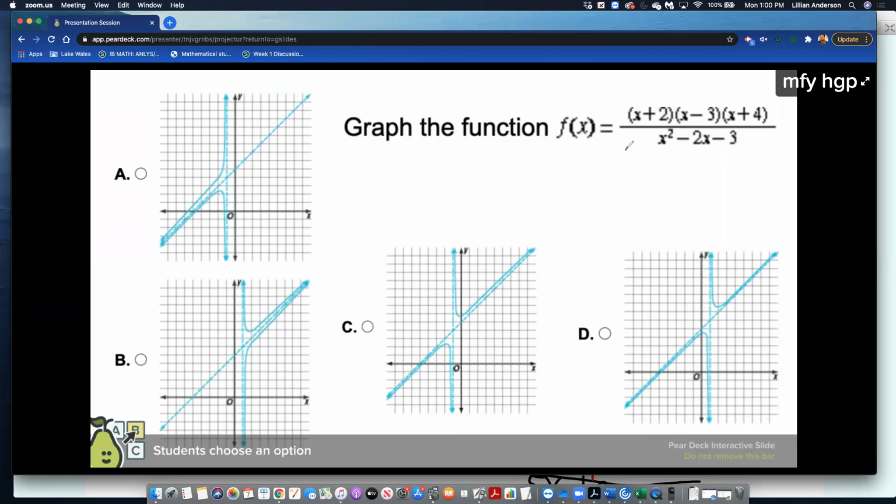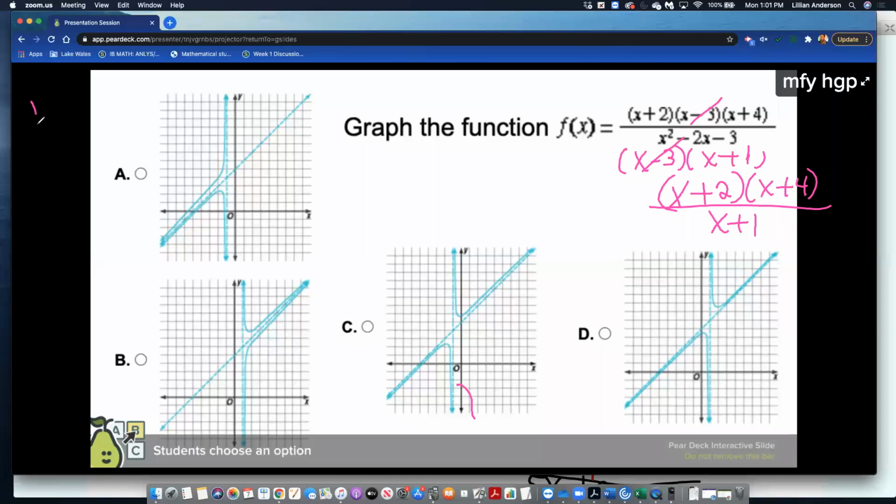If I factor down the bottom, you see that I have a hole at +3. This graph doesn't show any of these holes, but the simplified form definitely makes it a little easier to find the slant asymptote, as well as where my vertical asymptote is going to lie.